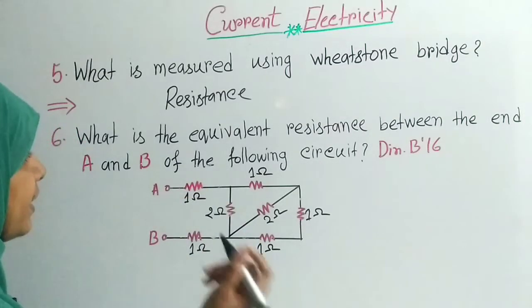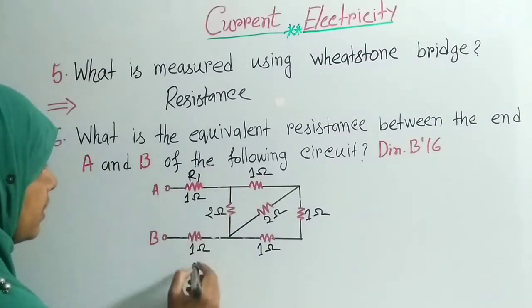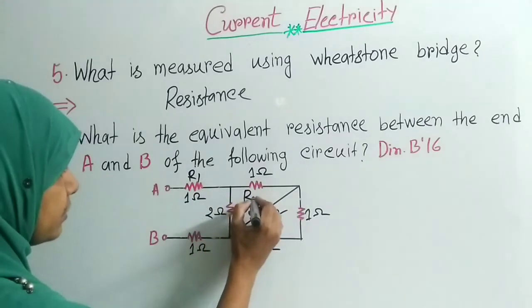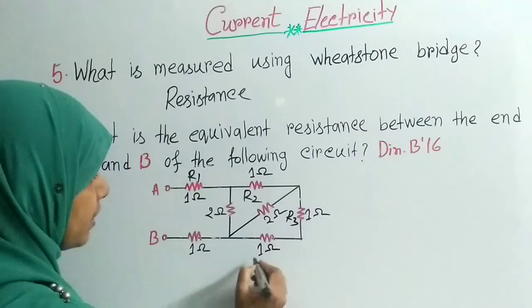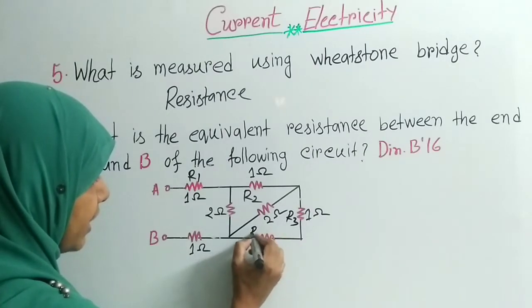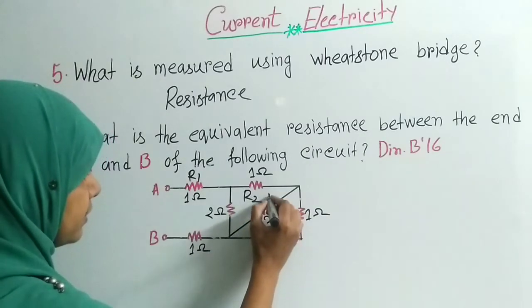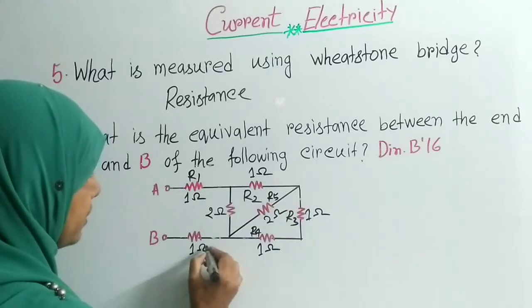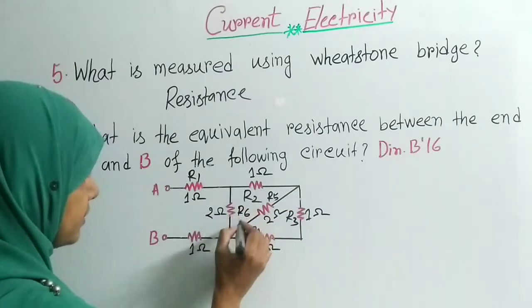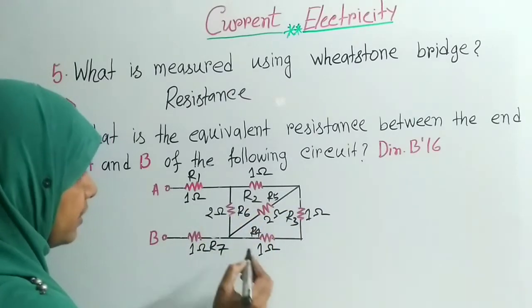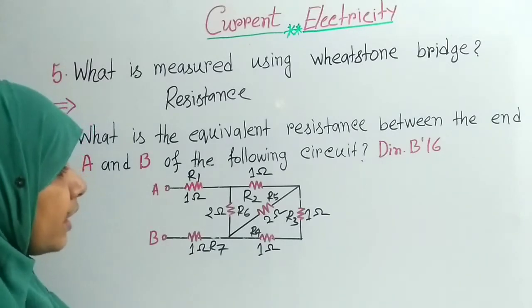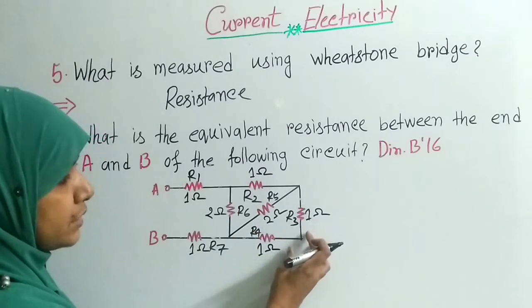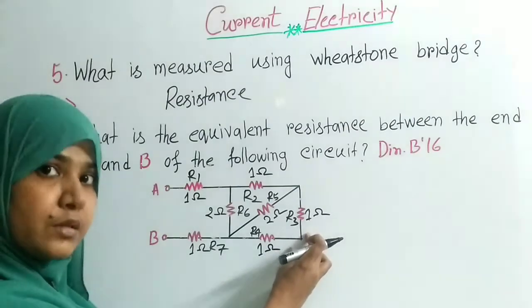Suppose this is R1, this is R2, now this is R3, this we can name R4, this is R5, this R6 and this is R7. So from the diagram you can see that R3 and R4, these two resistances, are in series combination.